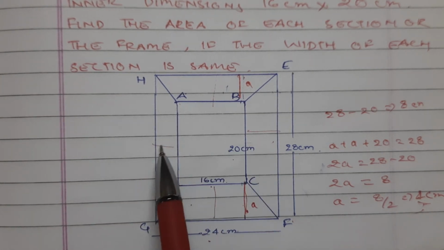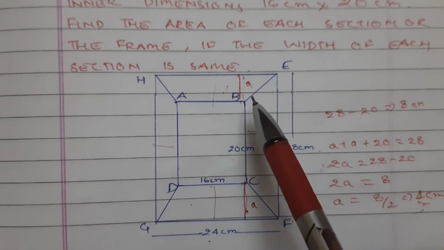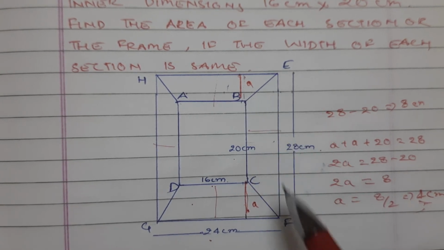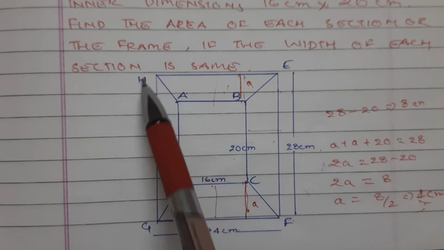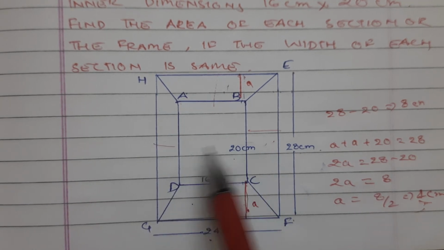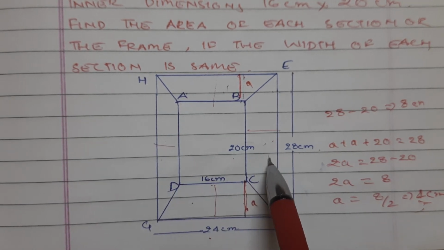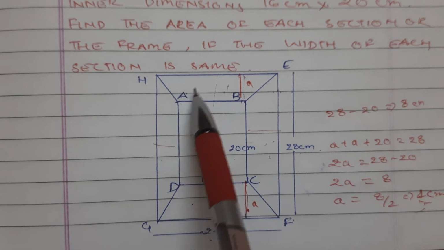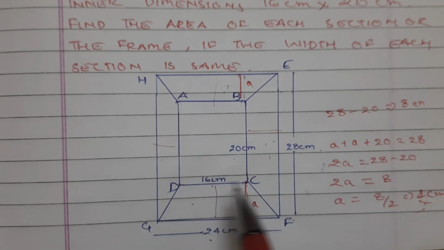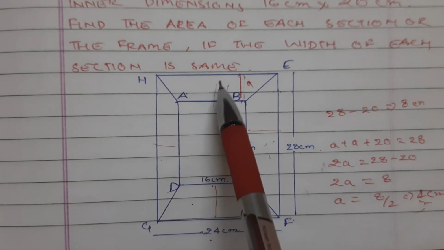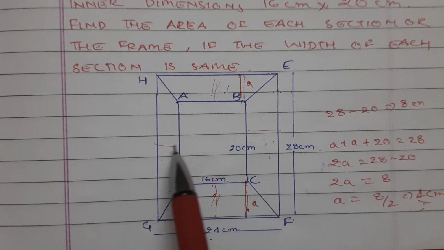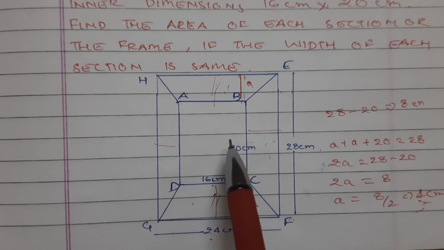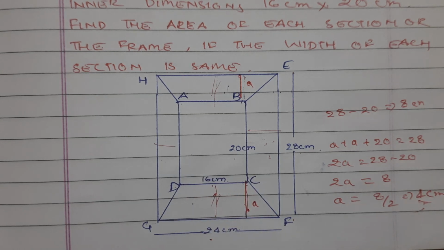Here you can see that section BEFC will be equal to section AHGD. These two sections are of the same measure, whereas the other two, ABEH and CDGH, are of the same measure. So the two opposite to each other are of the same measure.